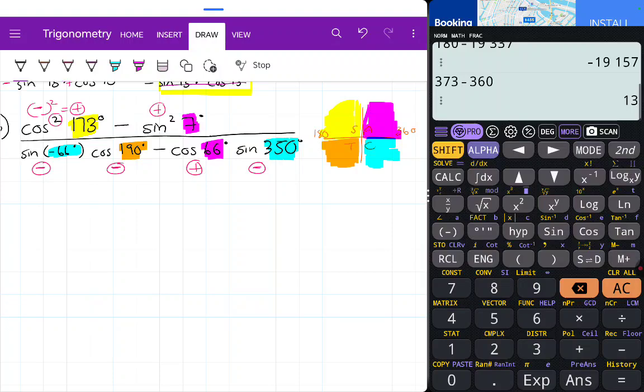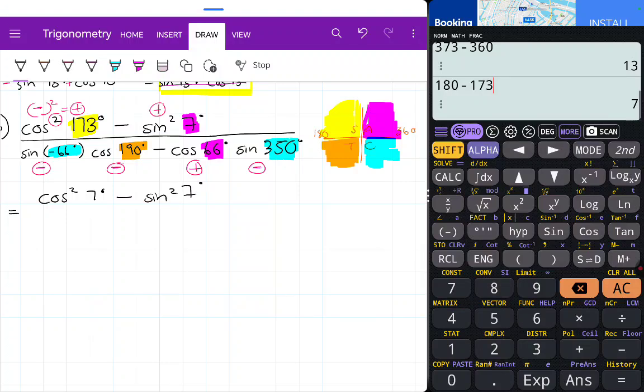We can reduce. Let's go ahead and reduce. So cos squared 173 is going to be 180 minus 173, which gives us 7 degrees. We have cos squared of 7 degrees minus sine squared of 7 degrees.